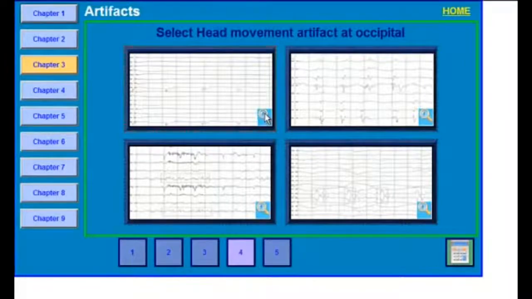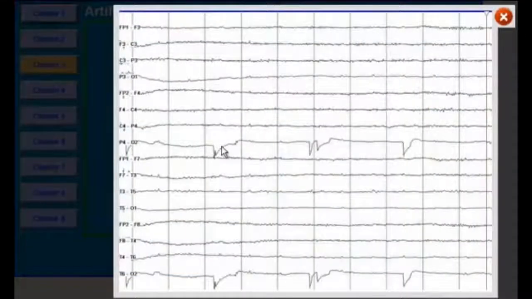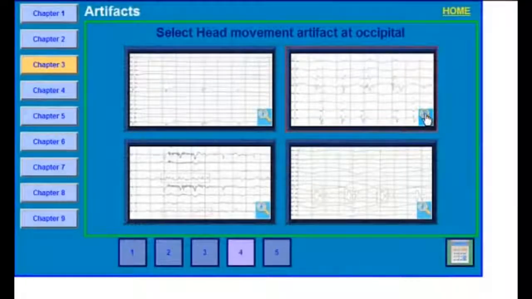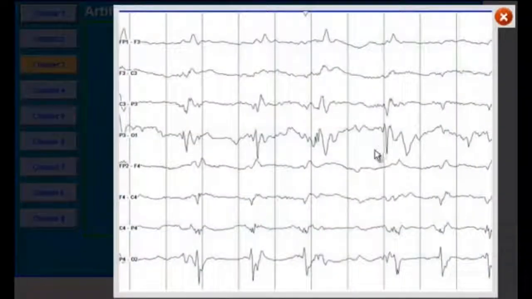Okay, what do we see here? So we see these sharply contoured waveforms in P4 and T6. Most likely patient has some kind of a tug, or this is an electrode related artifact, as we do not see any field in the parietal head region or T6 posterior temporal head region. What you see here, these are actual occipital spikes.